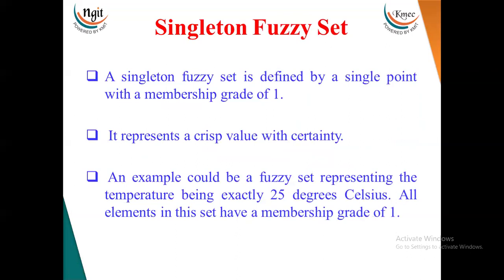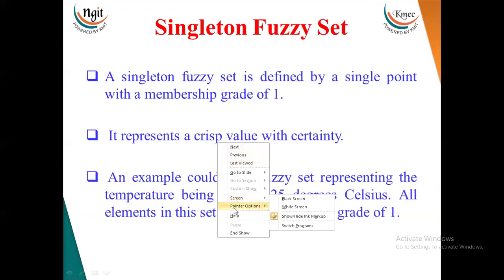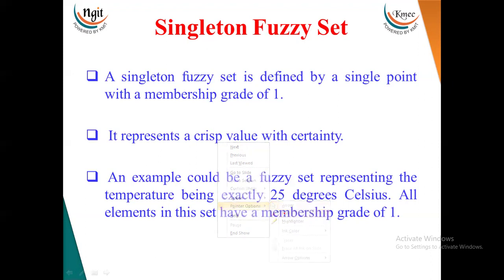Next one is singleton. We have seen that any set having only one core value is a singleton set. An example is representing a temperature which is exactly 25 degrees. Suppose I have a set like this.